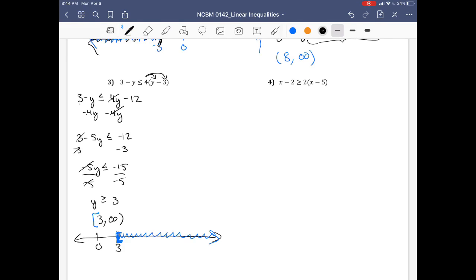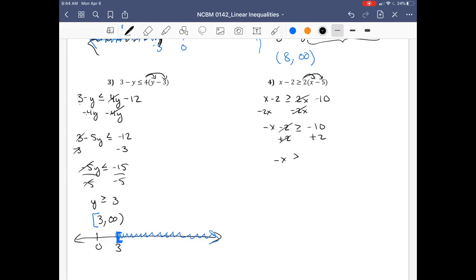So now we have, distribute that 2. x minus 2 is greater than or equal to 2x minus 10. Minus 2x to both sides. So I have negative x minus 2 is greater than negative 10. Plus 2 to both sides.